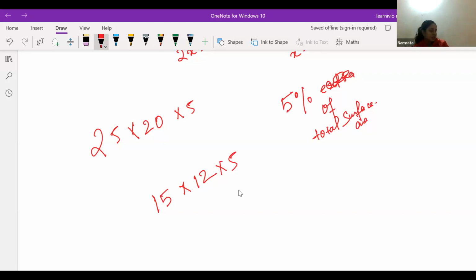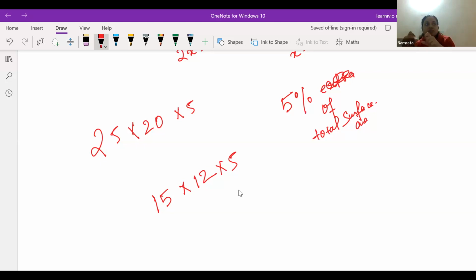Meanwhile, let me explain the concept. We will do the calculation together, but let me explain the concept related to this one. It will take at least 10 minutes to explain the whole thing, what exactly is happening. Suppose we have a paper, a rectangular sheet, and we have to make a box out of it.